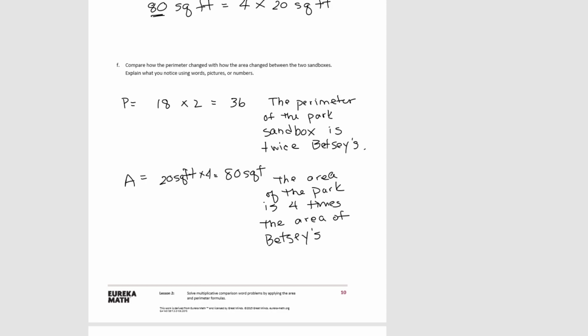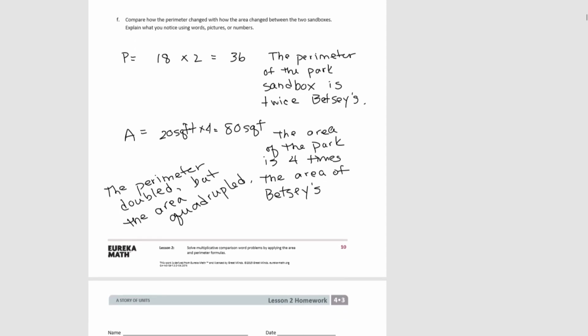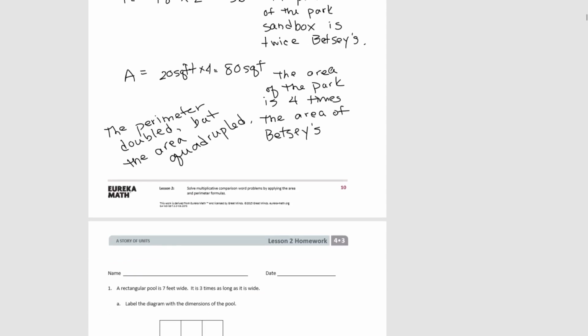So overall, the perimeter doubled, but the area quadrupled. And that's the end of lesson 2.